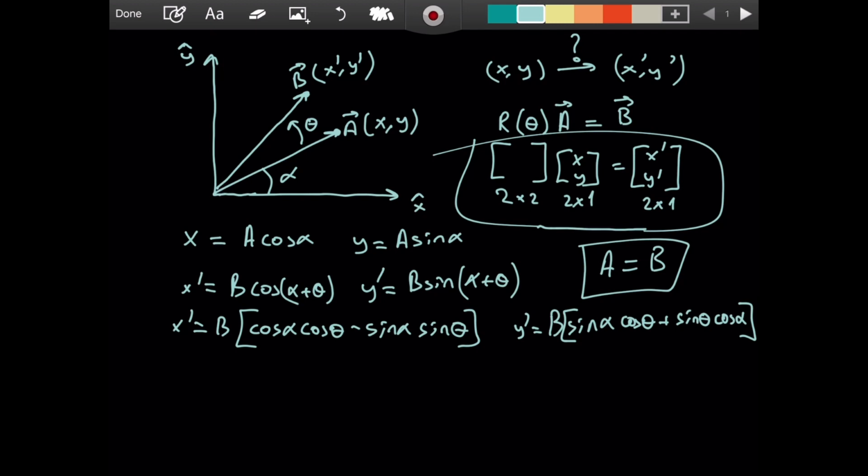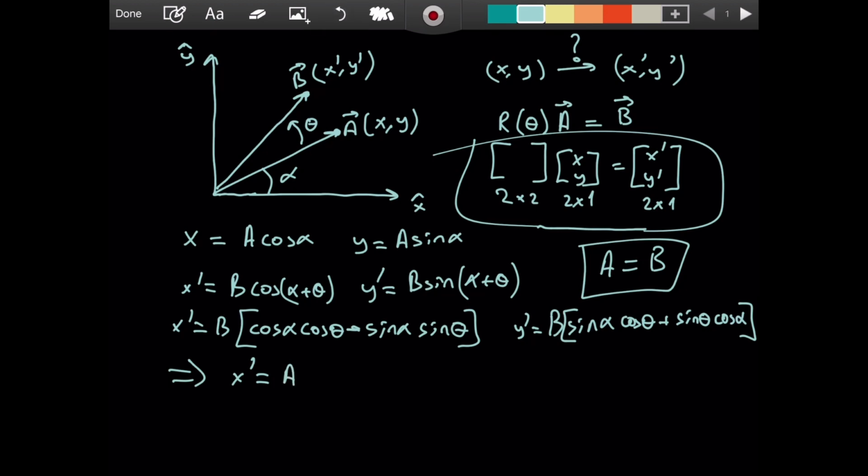All right. Now, when you look at this, maybe if I want to get rid of the parentheses, or actually, let's do it like this. Let's write it in a better situation. So, x prime is, as I said, b equals a in magnitude. So for this b, I can write a.